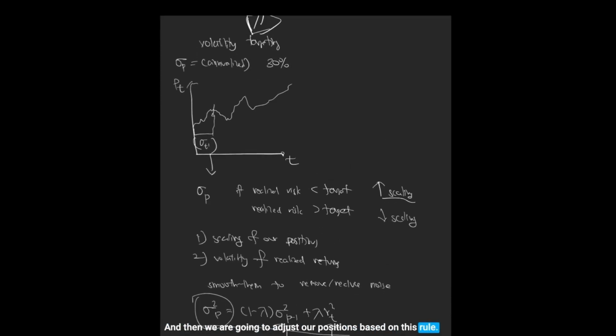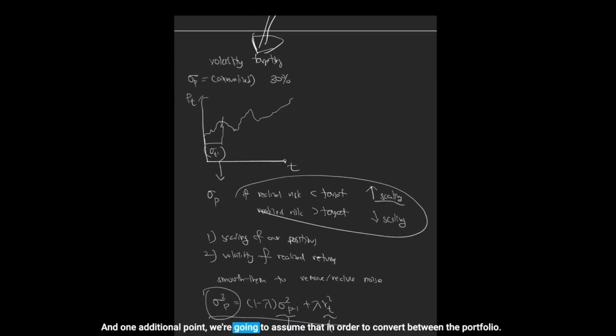And then we're going to adjust our positions based on this rule. And one additional point, we're going to assume that in order to convert the portfolio from the annualized figure to the daily figure, we're going to assume this relationship, that the variance of the portfolio annualized is given by the sum across each of the trading days.